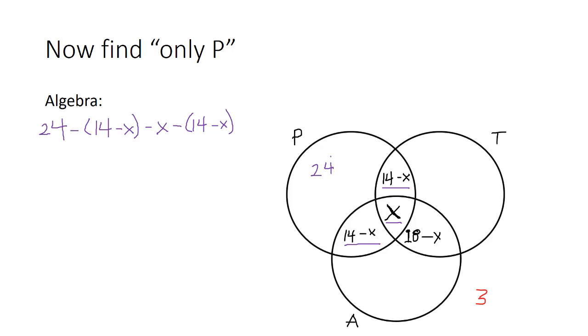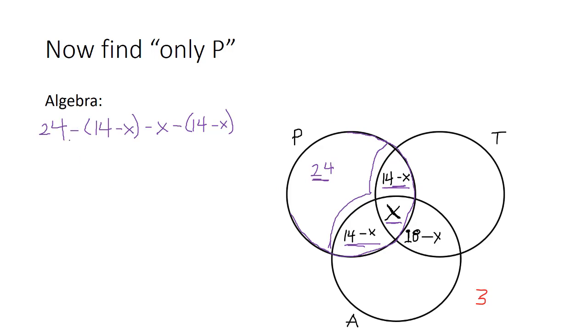Why are we subtracting once again? 24 accounts for the entire circle here. So if we're trying to find just this piece of it in here, we have to subtract out this, this, and this from the total of 24.